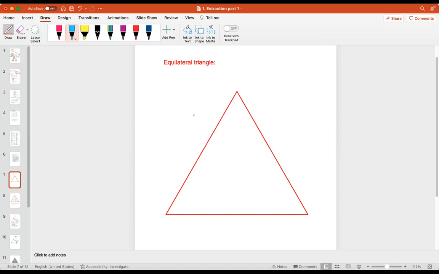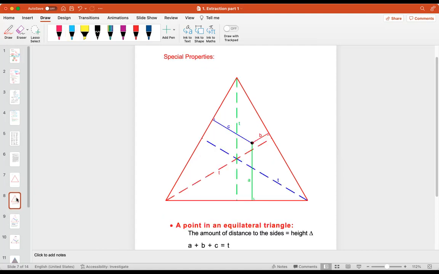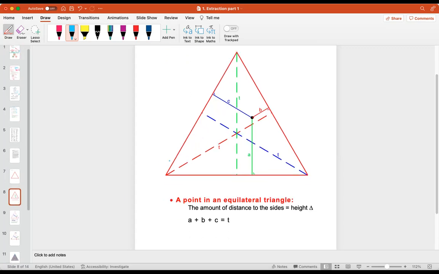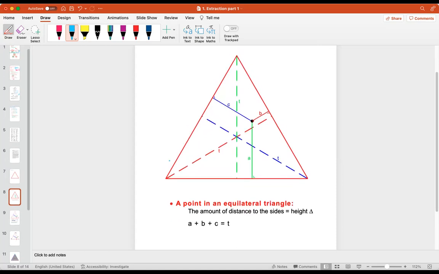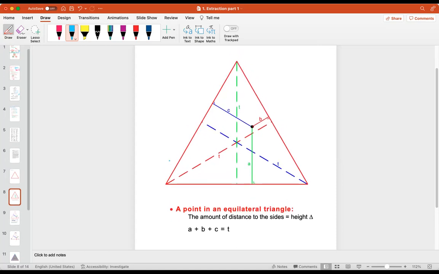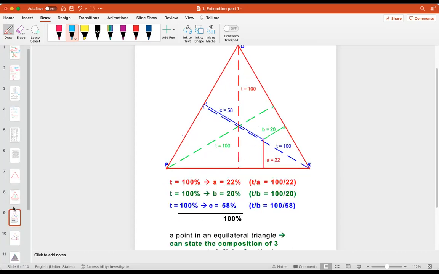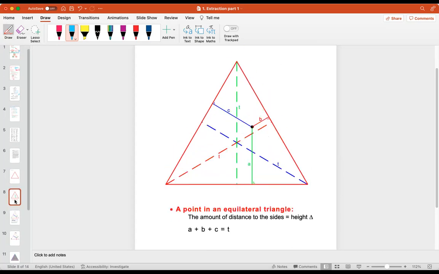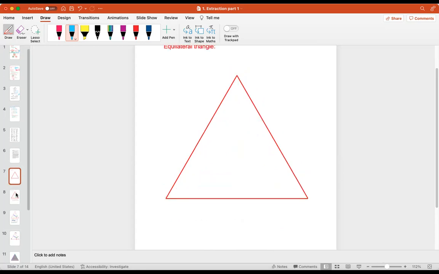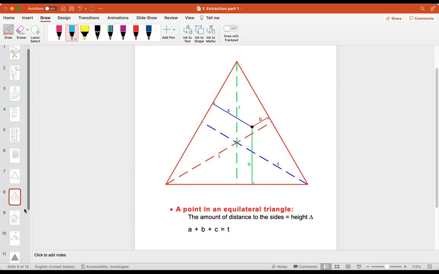Okay, how to use this one. Let me show you. For example, this is PQR.